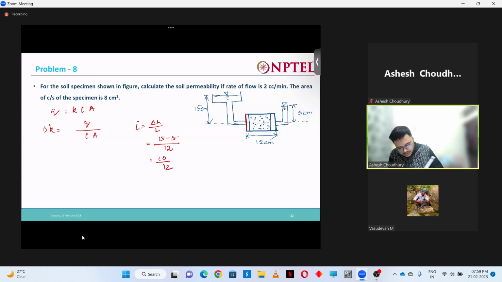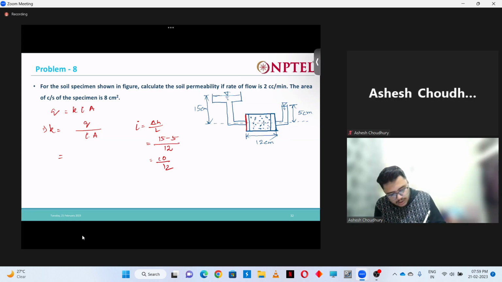Now in this relation, if I put Q as 2 cc per minute, then 2 divided by (10 by 12 into 8).